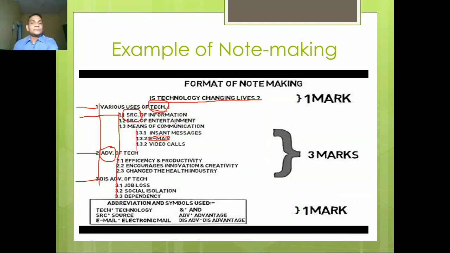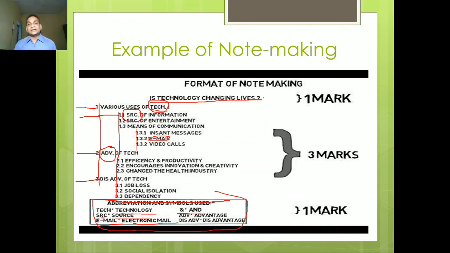So once you write your notes like this, and this key has been made over here. TECH stands for technology, SRC stands for source, email stands for electronic mail, and the symbol is for and. So you should prepare a key like this.